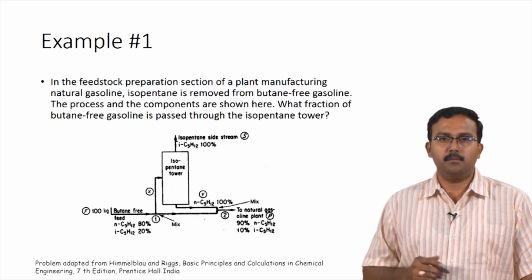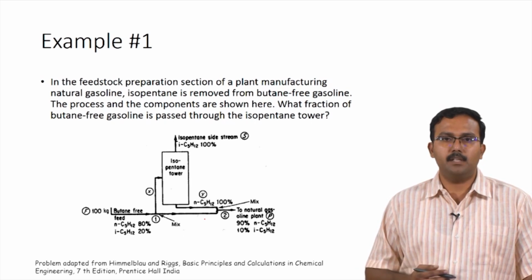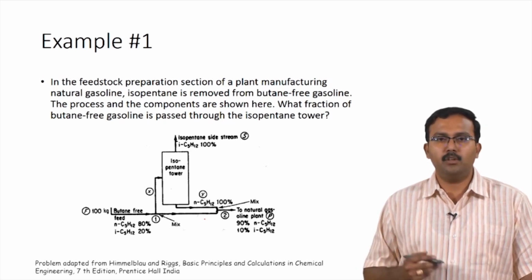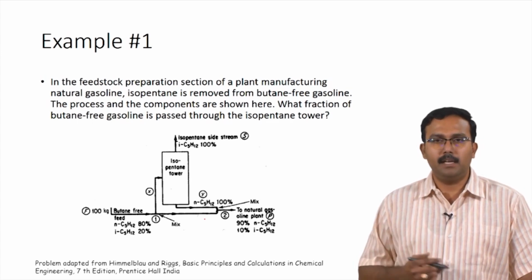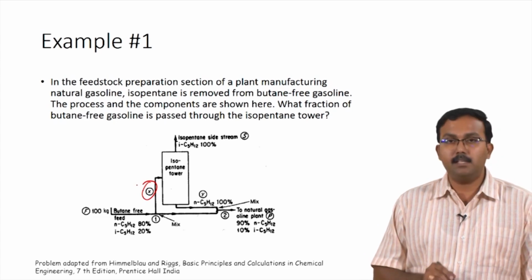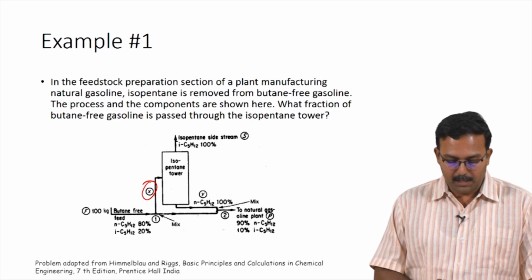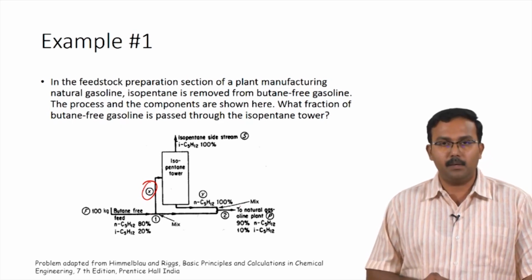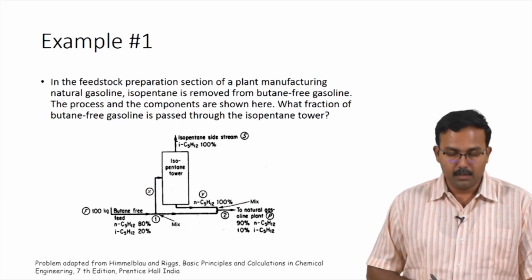Now, taking this flow chart into account, let us perform the material balance calculations to calculate the fraction of butane free gasoline which is passed through the isopentane tower. For this, we need to know what fraction actually enters the isopentane tower, which is x, and also how much skips the isopentane tower. So, let us perform the required calculations to get these values.